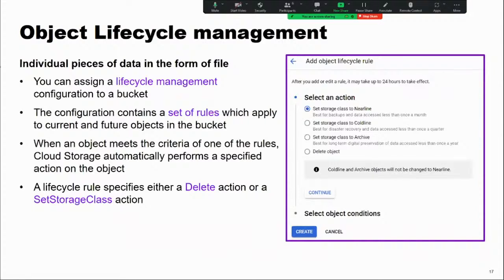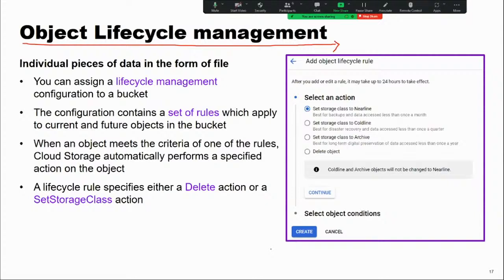And object lifecycle management, what is that, sir? Yesterday I told you, object lifecycle management is where you can create a rule. For example, so far you are using a bucket as standard, but after 30 days you want to make it nearline, so that you get some cost benefit. For that, you can create a rule, and automatically in the backend it will happen once the 30 days have passed.